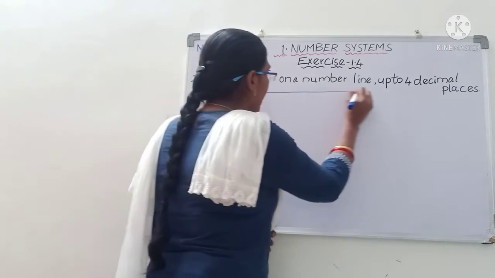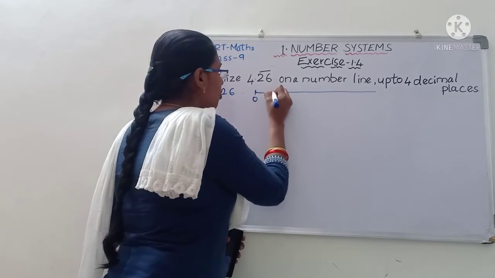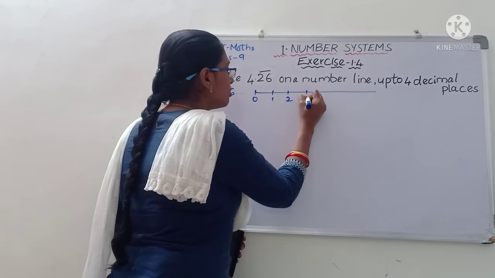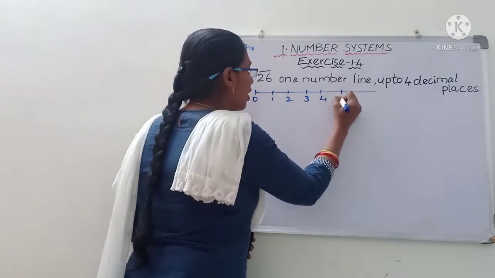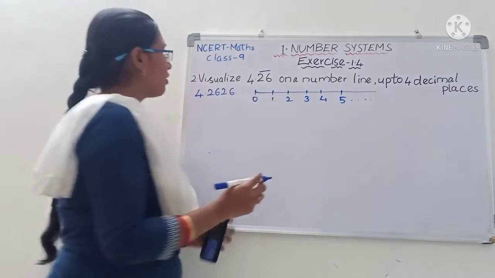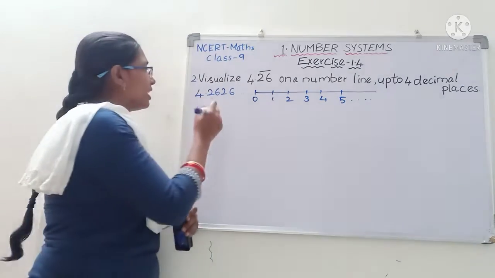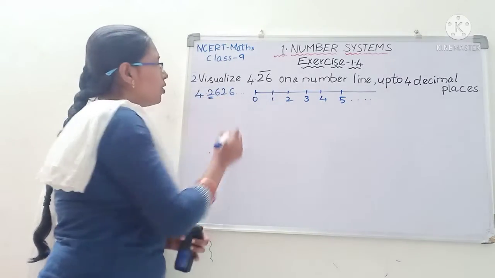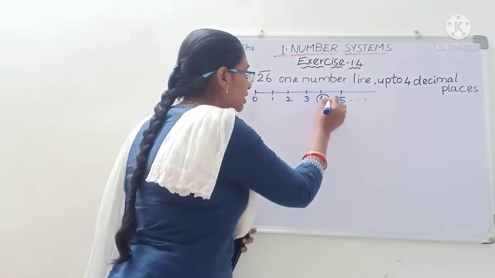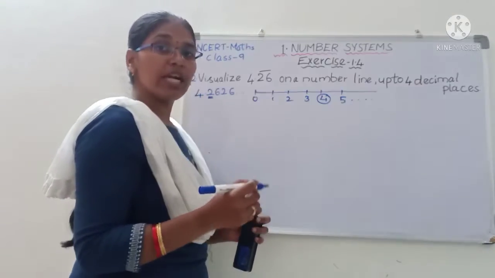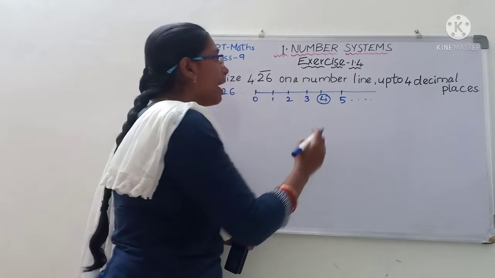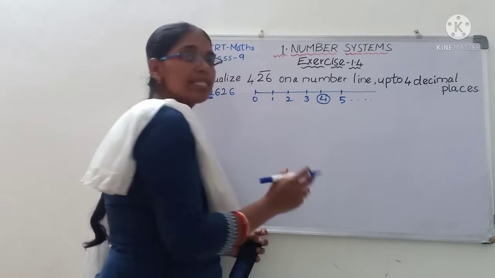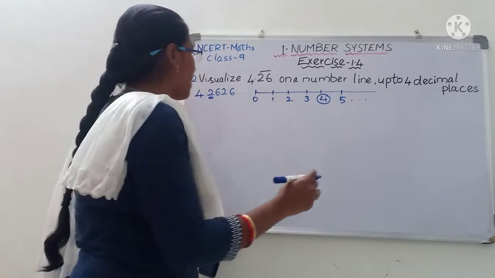Children, you know the number line 0, 1, 2, 3, 4, 5 and so on. So children, first take one decimal place, 4.2. You know that 4 is here. So let us assume that you have a magnifying glass and divide this line segment from 4 to 5 into 10 equal parts.